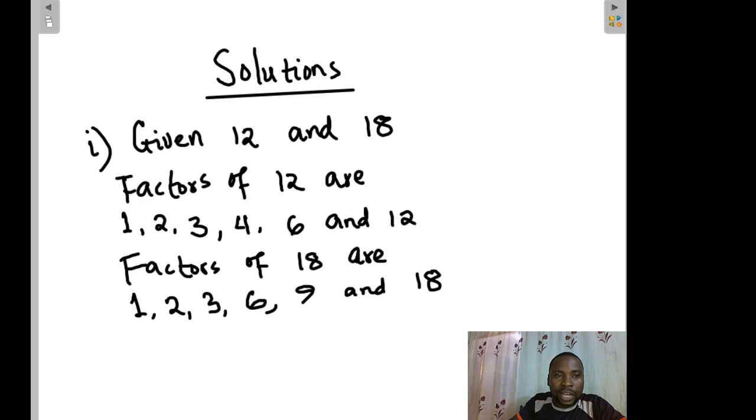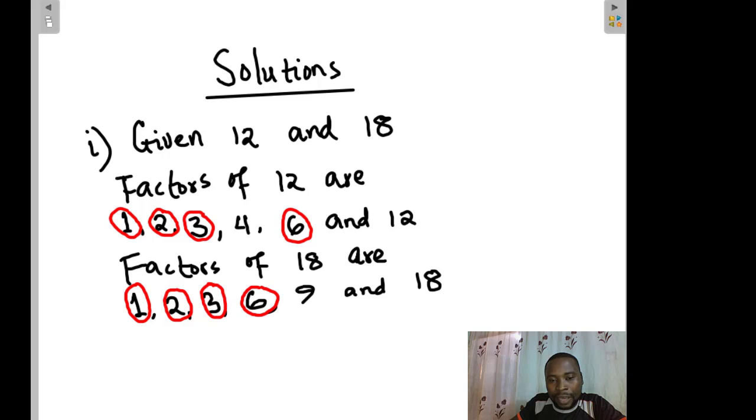Now, what we need to check is this. What factors can we see here and here? Now, look at it. There's 1 here and there's 1 here. Can you see that? There's 2 here. There's 2 here. Can you see that? There's 3 here. There's 3 here. There is 6 here. And there is 6 here.